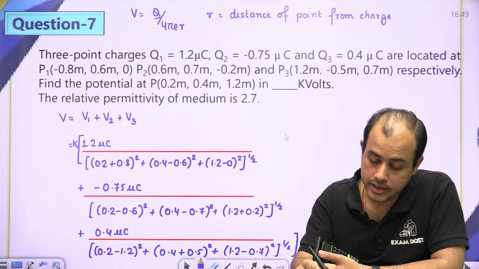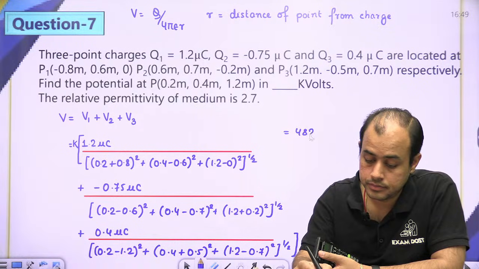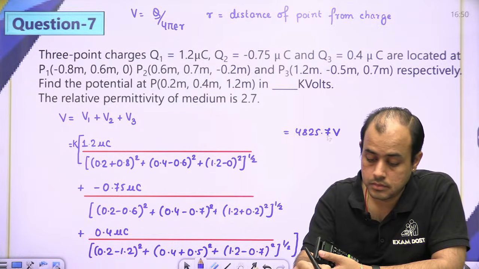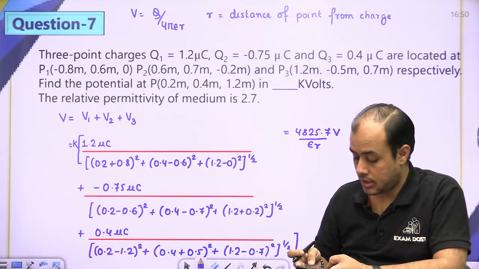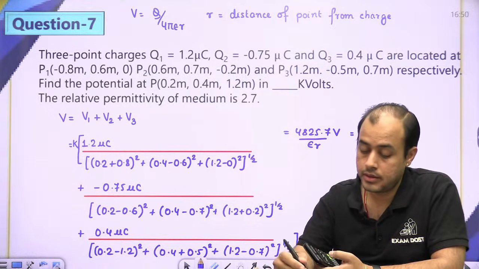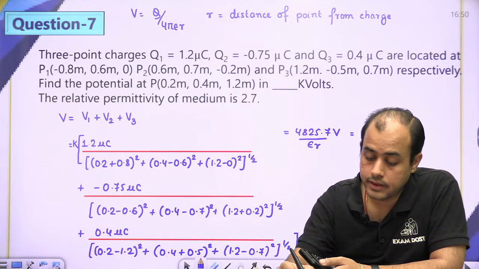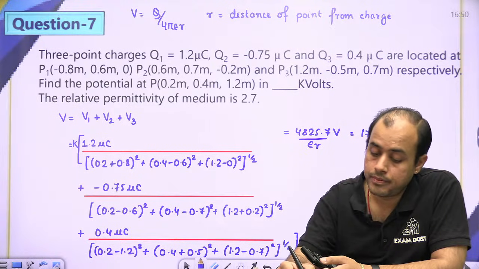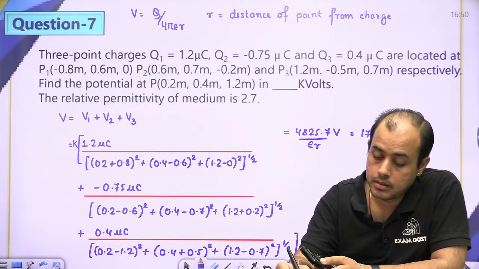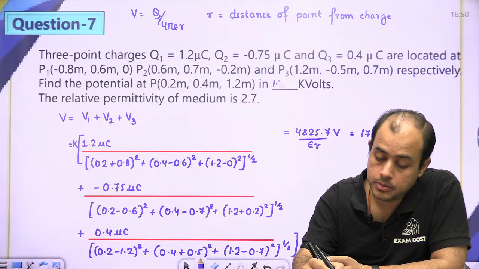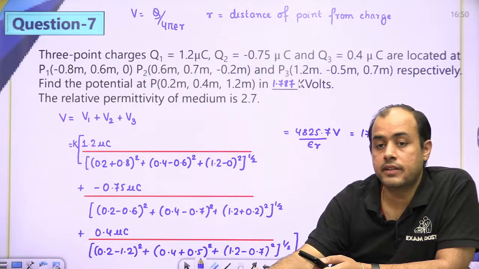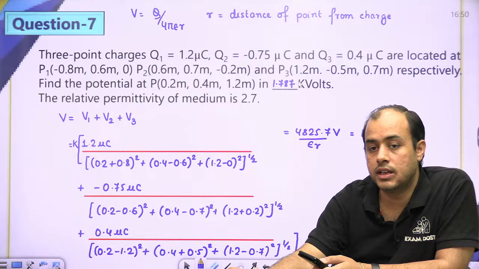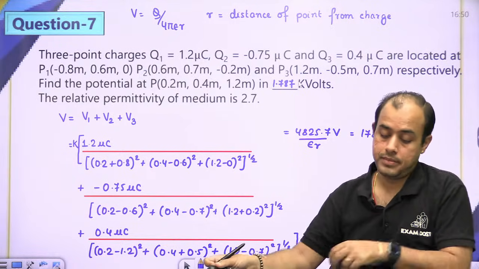Four eight two 5.7. I kept 1 by 4 pi epsilon naught divided by 2.7. So 1787 point 1.78. Okay, this is what is coming, 1.787. Please confirm once: are you getting the same answer, 1.787?